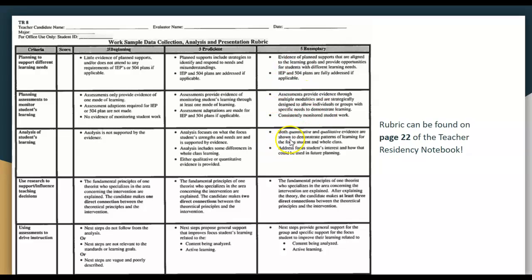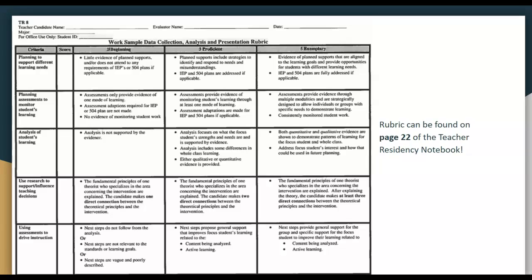The next criteria deals with the evidence that you're using, that you are using both quantitative and qualitative evidence to demonstrate patterns of learning for the focused student and the whole class. For these purposes, quantitative is any sort of number, that X number of students were below expectations, and X number met expectations, and then X number of students were above expectations.